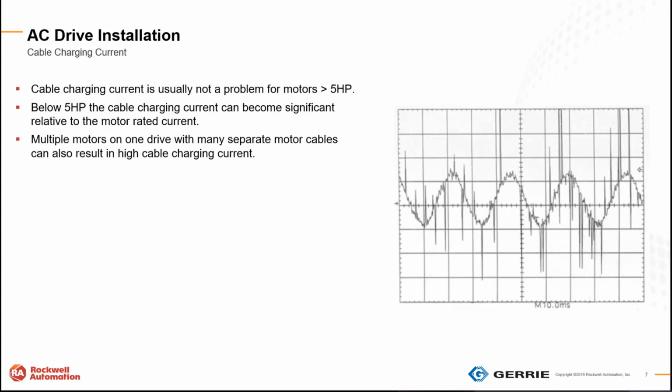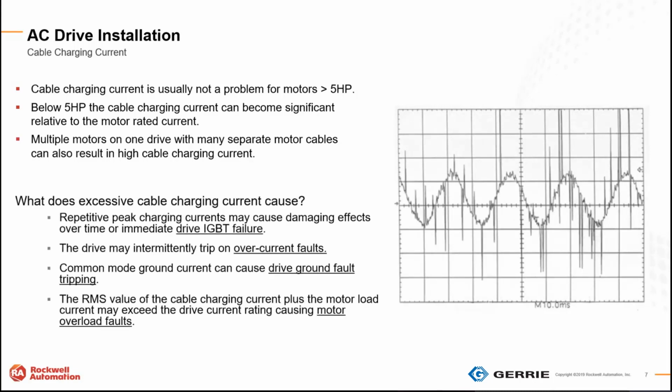So the amount of cable charging current that's required is significant when compared to the motor FLA when we're under 5 horse. When we're over 5 horse, the drive usually has enough headroom or buffer that we can supply enough of that cable charging current, and we can overcome that, and it's not an issue. So it's on the smaller ones that we have to be aware of it.